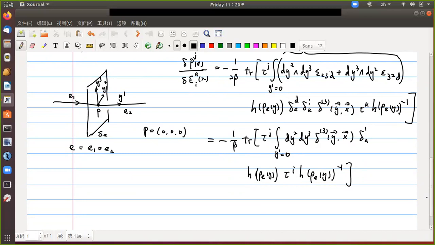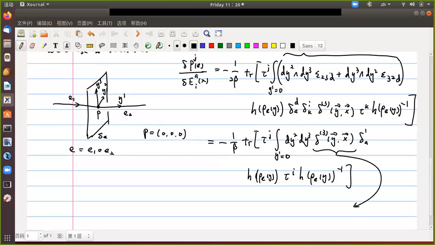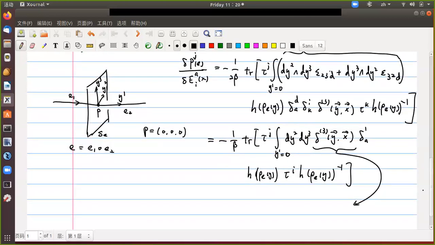this derivative, simplify this result, because we can write explicitly this delta function. Well, this delta function is a delta function in all three dimensions.